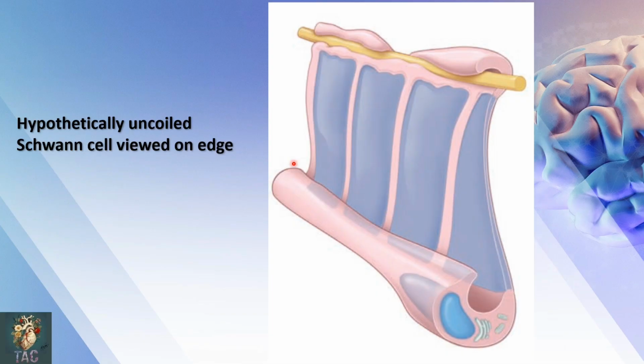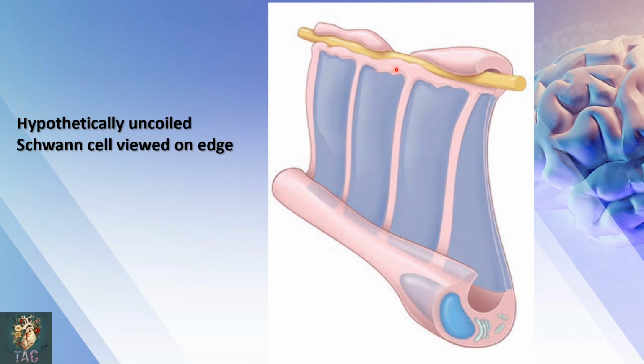If we hypothetically uncoil a Schwann cell, hypothetically if this is the axon and this is the cytoplasm of the Schwann cell which wraps around the axon, we can understand all of the terms which we are using.